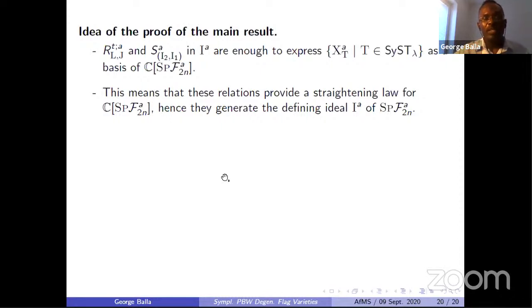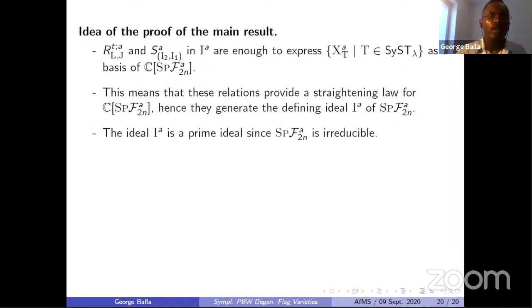There is a result which says whenever you have relations which provide a straightening law, then such relations should generate the defining ideal of the corresponding variety. Now, this variety is prime because this degenerate flag variety is irreducible. We saw this in the result of Finkelberg and Mirković. They proved that this variety is irreducible. Actually, they proved even more.